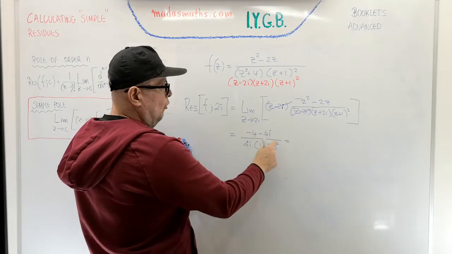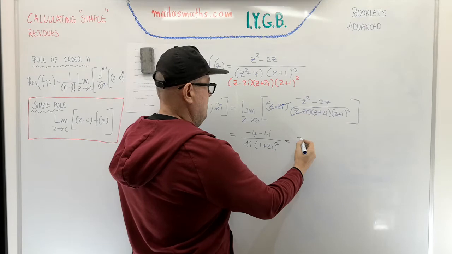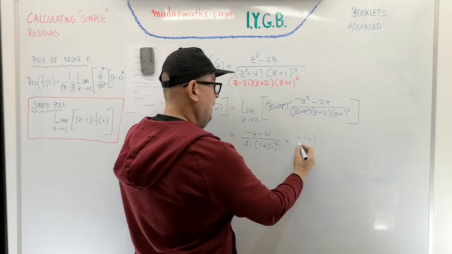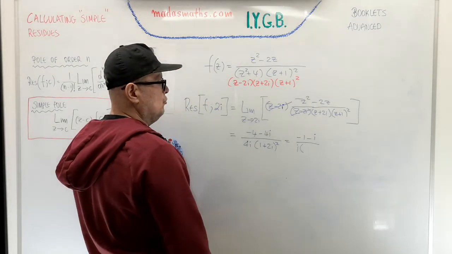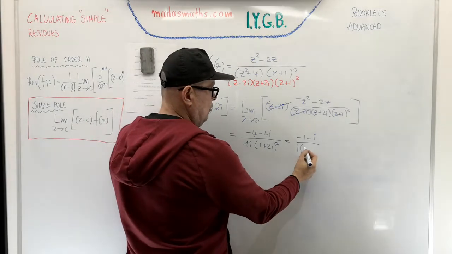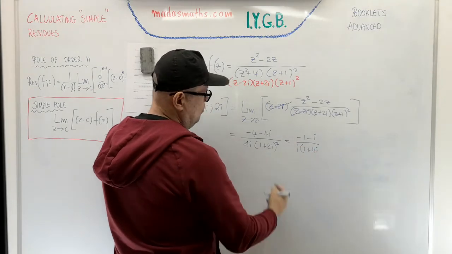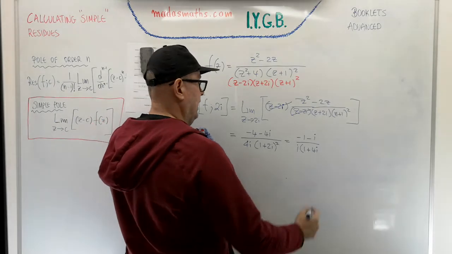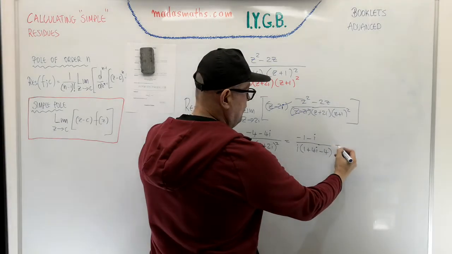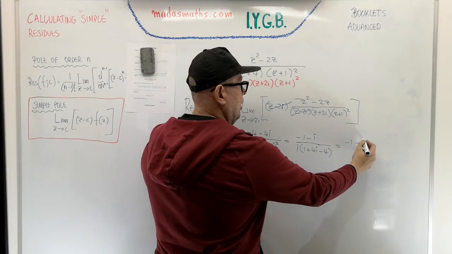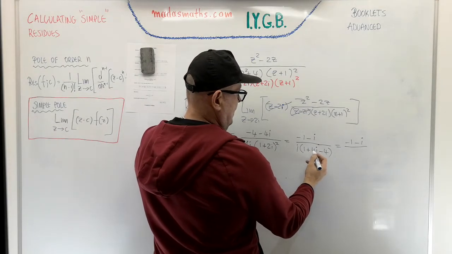I've got a factor of 4, which I'm going to get rid of because it will make my life a little bit easier. So it's -1 minus i on the numerator, i at the bottom, and at the same time I'm going to square this bracket. It gives me 1 plus 4i, and squaring 2i gives 4, and it's a minus, so it's -4.